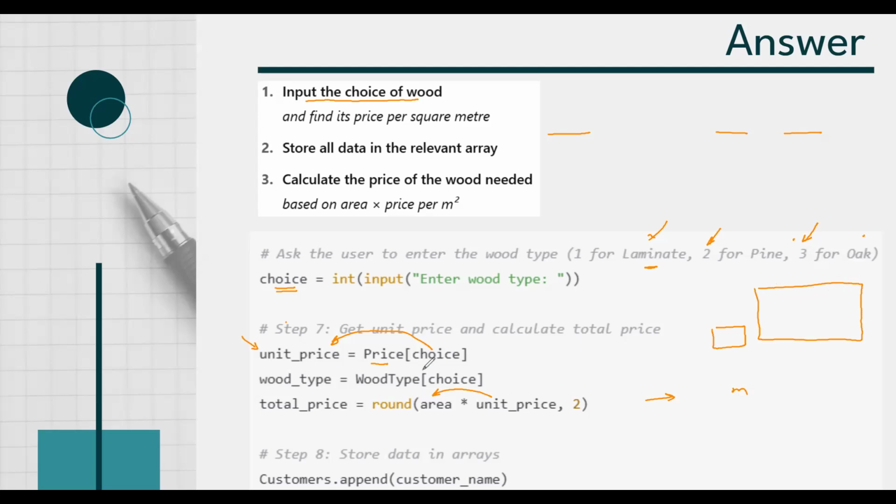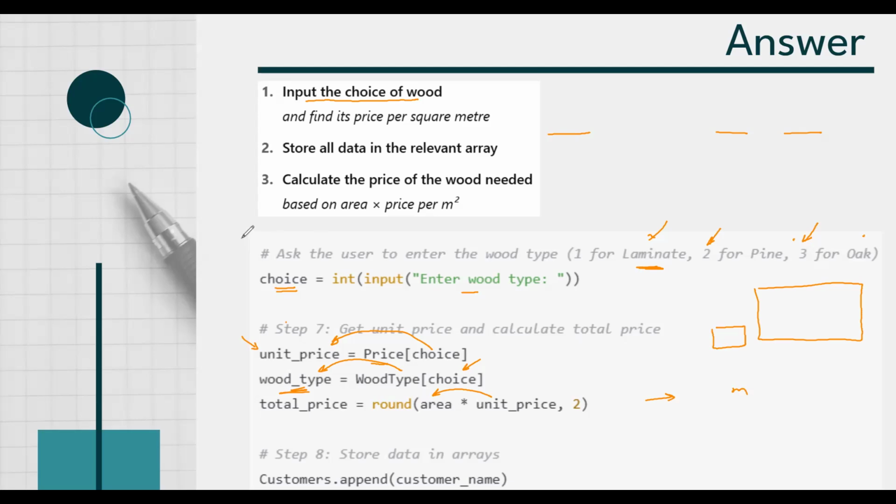To get the wood type, you also pass the choice into the wood type array, and that will give you the string that you already chose. So here you are entering a number as a choice for laminate, pine, or oak.